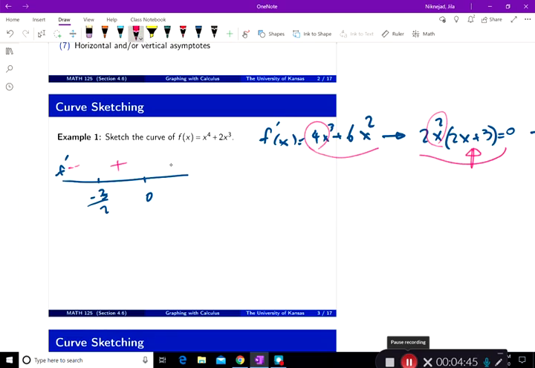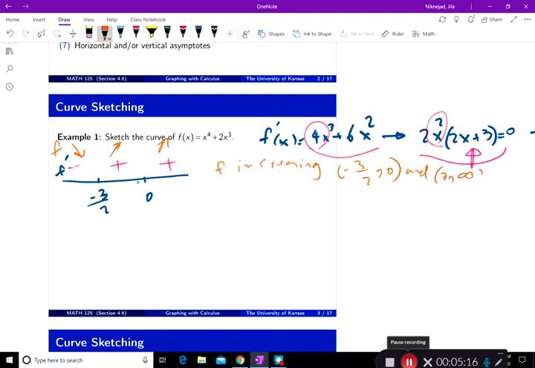And so positive, and then this gives me the increasing, decreasing for f. Decreasing, increasing, increasing. So f is increasing on (-3/2, 0) and (0, infinity).